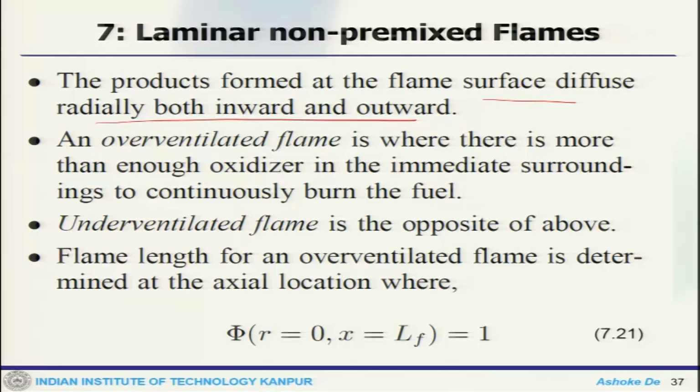Now, the over ventilated flame is where there is more than enough oxidizer in the immediate surroundings to continuously burn the fuel, and obviously the opposite to that would be the under ventilated flame. Now, the flame length for an over ventilated flame can be determined at a location where phi is 0 and x is LF and the phi is stoichiometric.